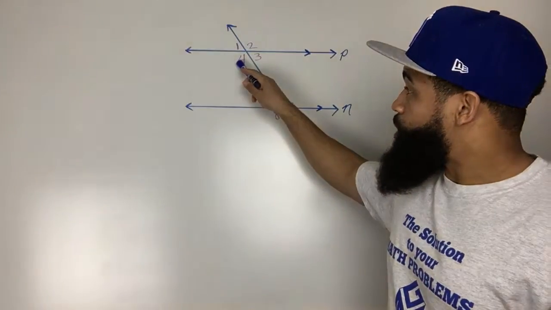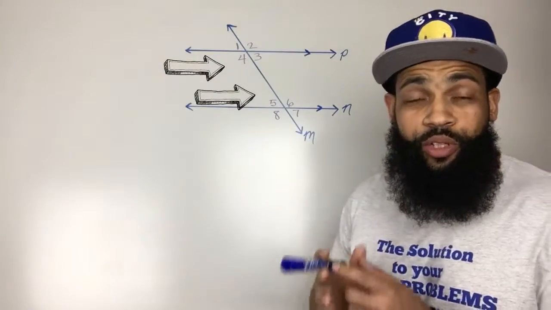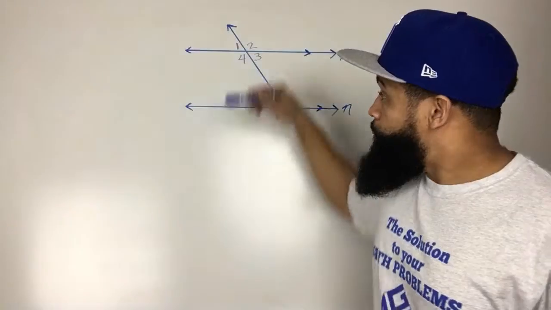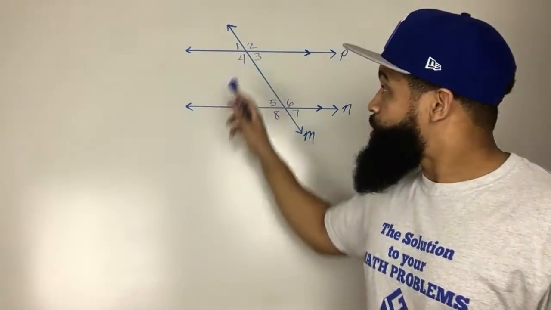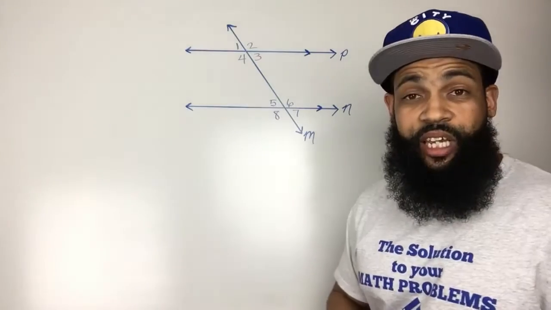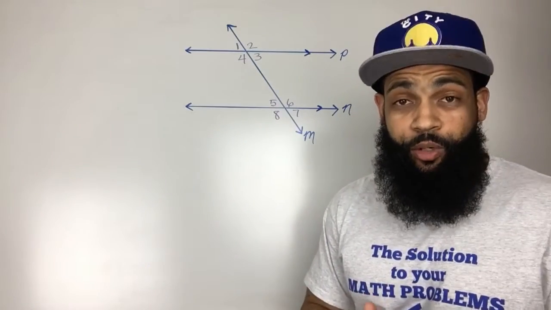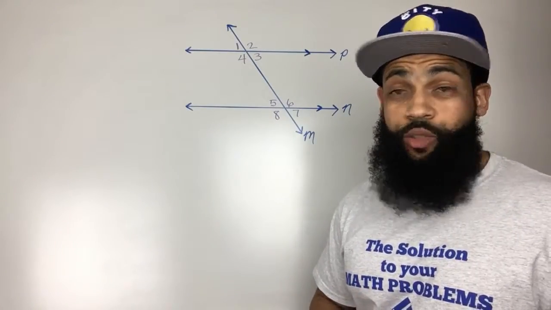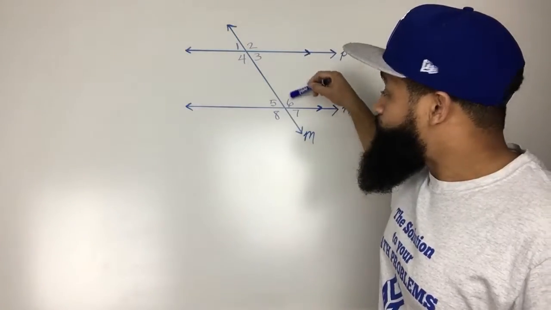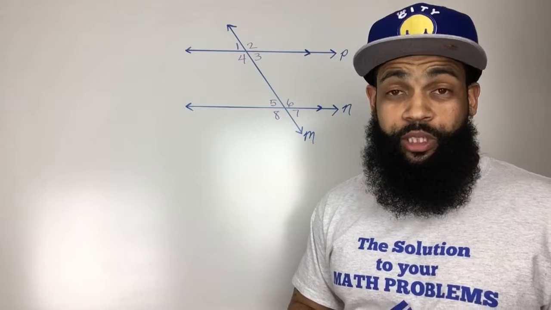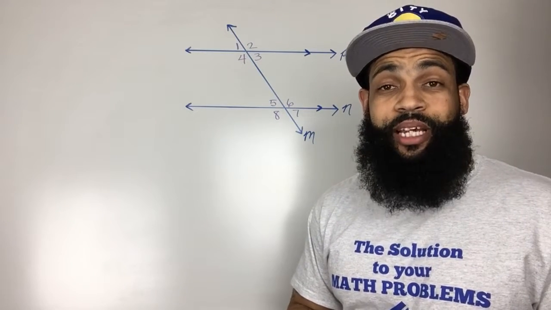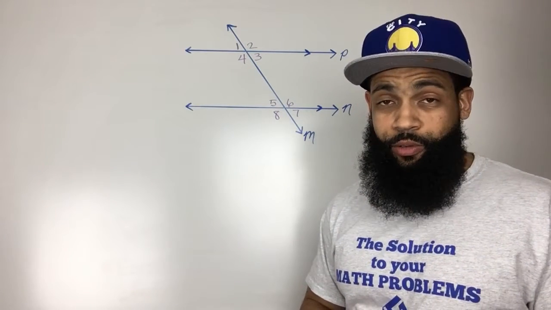So for example, angle 4 and angle 5, they're on the same side of the transversal, but they're on the interior of the set of parallel lines. So angle 4 and angle 5 in this case would be supplementary. They have a sum of 180 degrees. Also, angle 3 and angle 6 are supplementary as well. Once again, they're same side or consecutive interior angles.